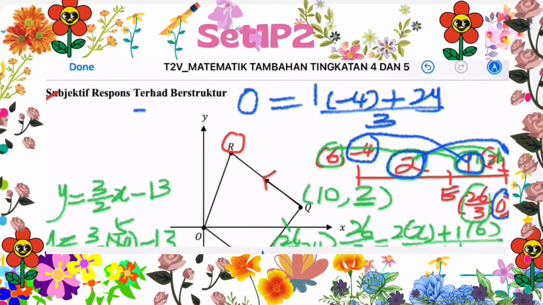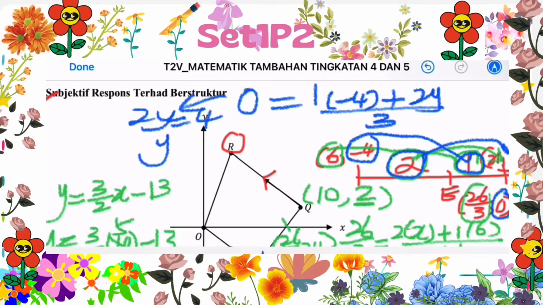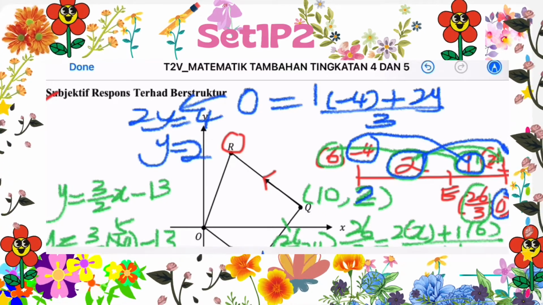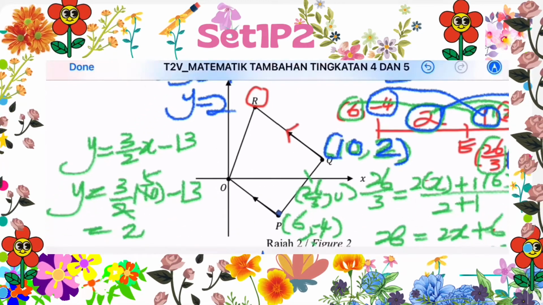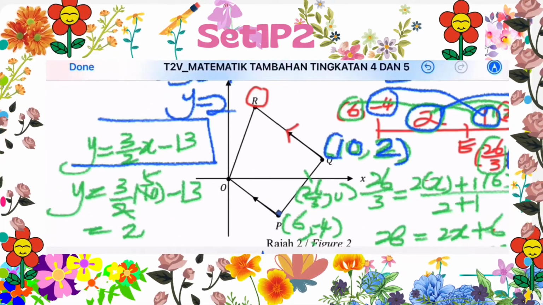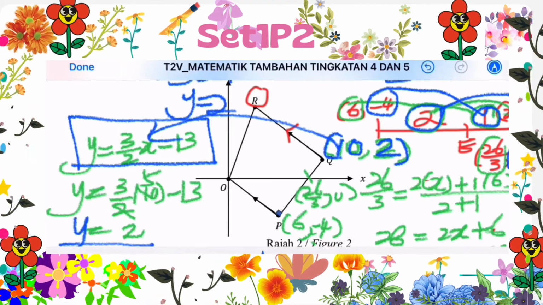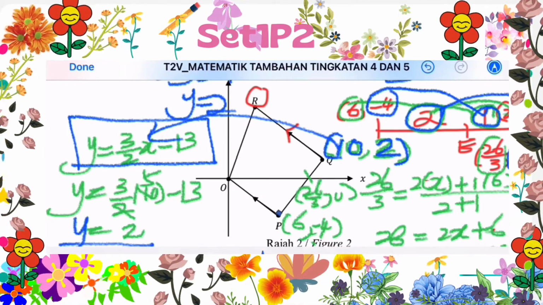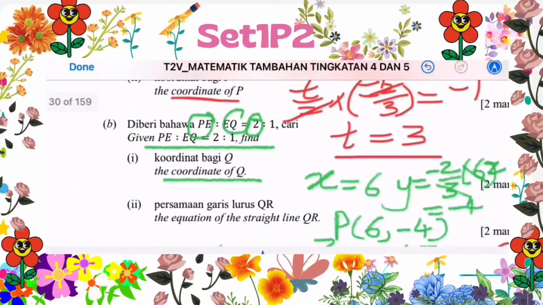So 2y is equal to 4. Y is 2 also. Even though I use the ratio theorem or I use the equation, because I have the x, I substitute, I will get y equal to 2 also. There are many ways to do it. So that's point Q solved. We have solved the point Q.